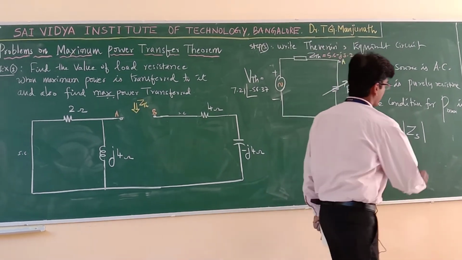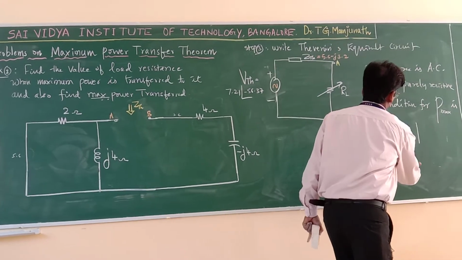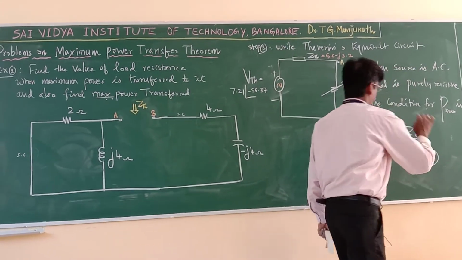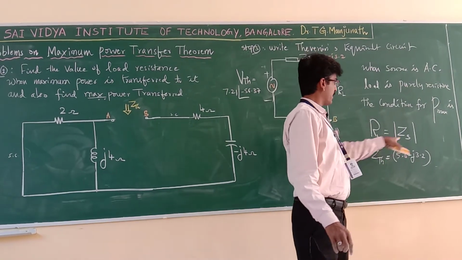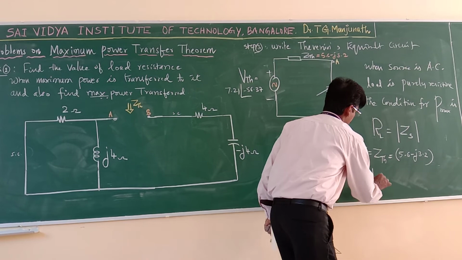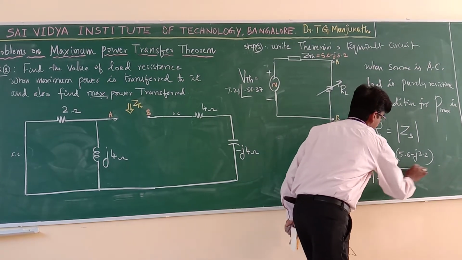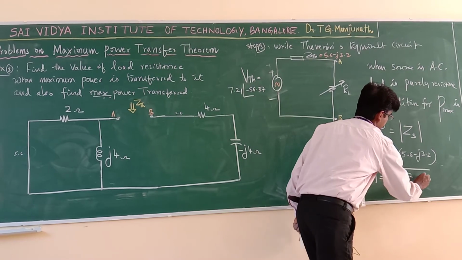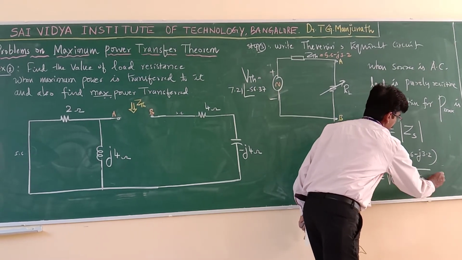What is Z Thevenin here? Z Thevenin is equal to 5.6 minus J3.2. Now this should be equal to the magnitude. What is the magnitude now? Magnitude of Zs is equal to the root of 5.6 squared plus 3.2 squared.